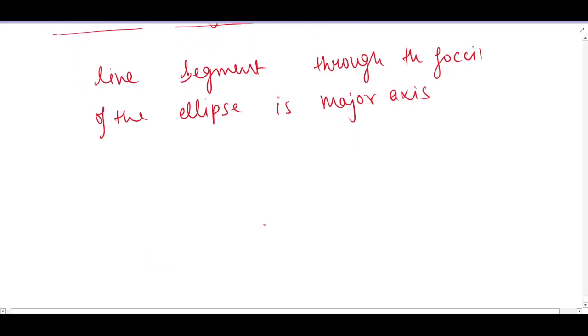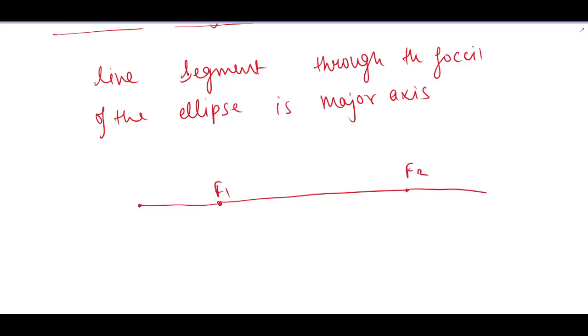So F1 and F2 are two foci, and if we draw a line through F1 and F2 where endpoints are A and B, then AB is the major axis.